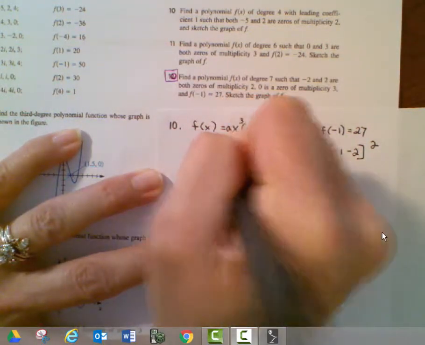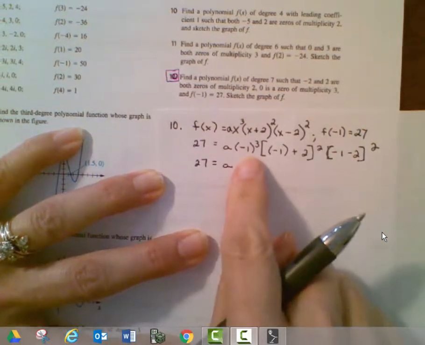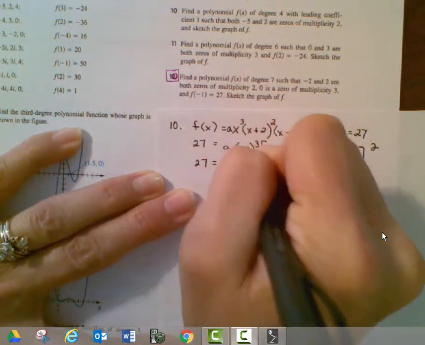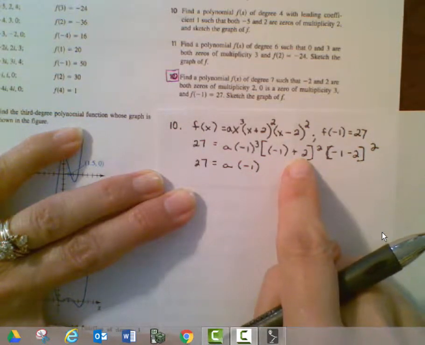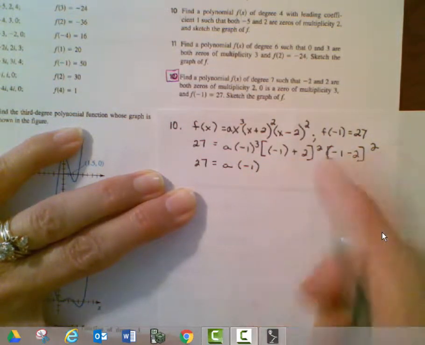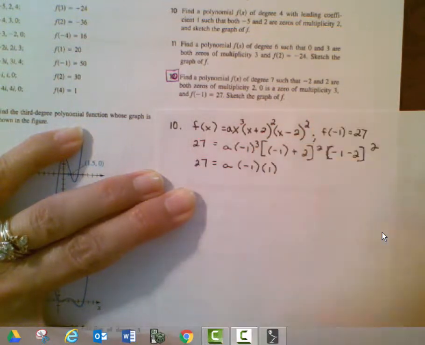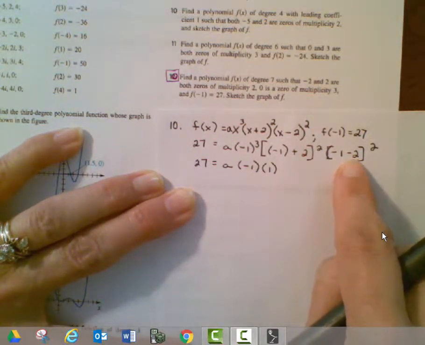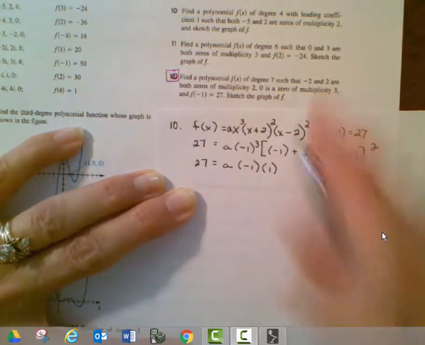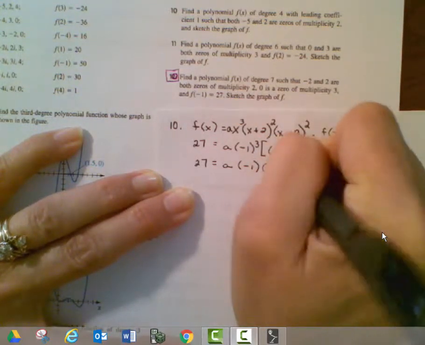Clean up that right-hand side. -1 cubed, still -1. -1 plus 2 is 1. 1 squared is 1. And -1 minus 2 is -3. -3 squared is 9.